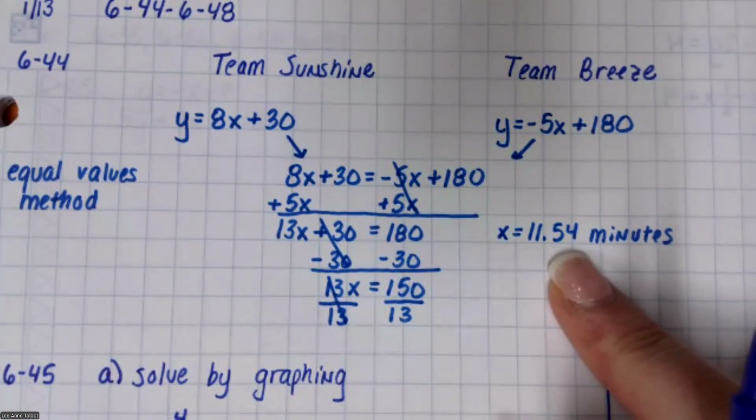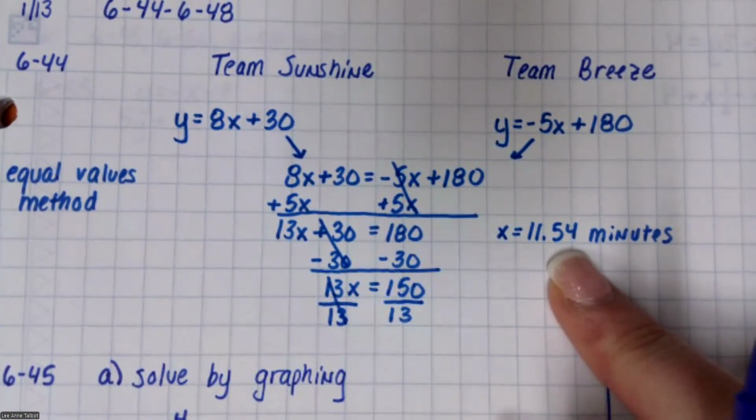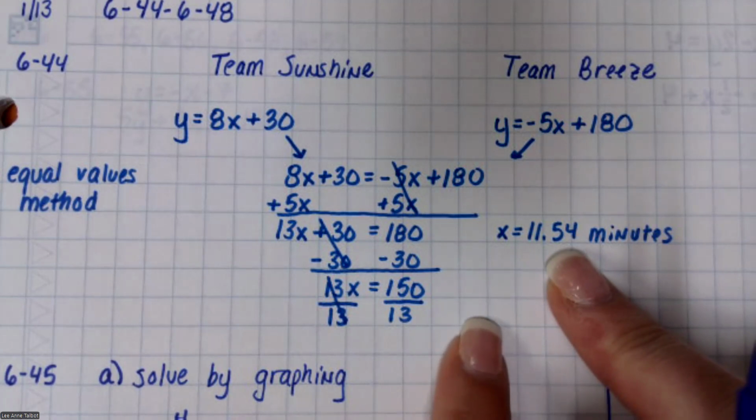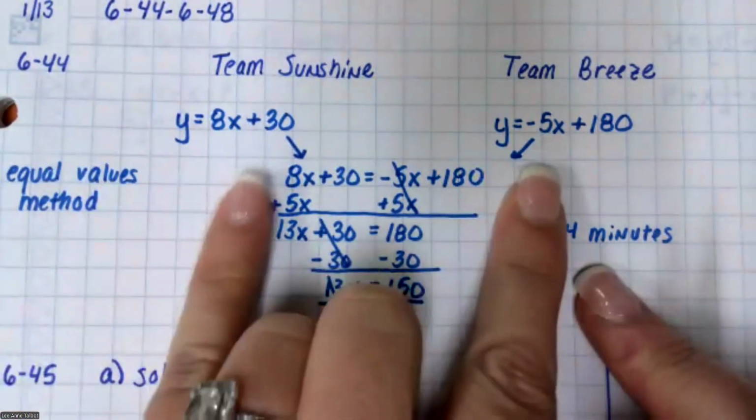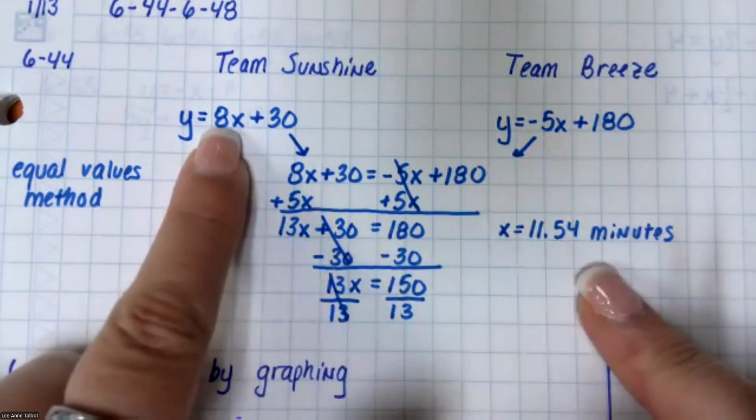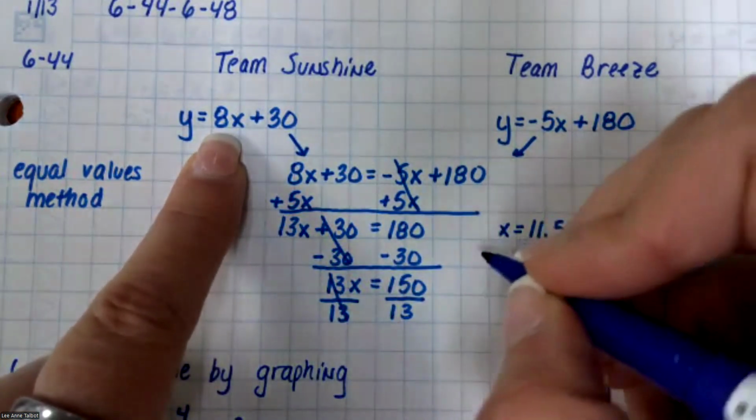And how do I find out how much? Perfect. Okay. And you can choose either one of these. I'm going to choose this one because it's got positive numbers.